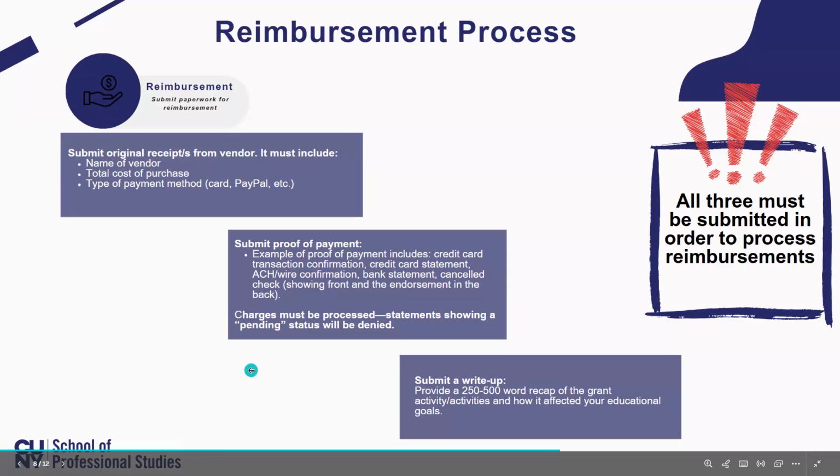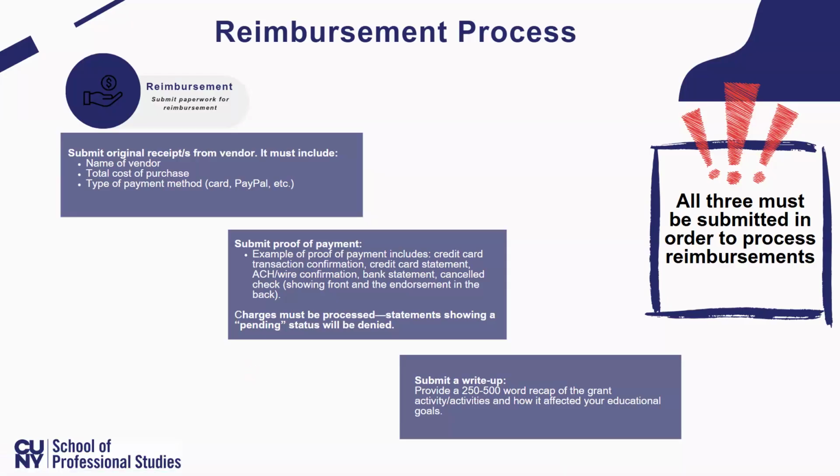So if you provide me with your credit card statement, again, feel free to block everything else out with the exception of the LinkedIn premium charge and the total cost for it. Make sure that it is processed and not in pending status. It cannot be in pending status. So you will submit that as a secondary paperwork. So you have your receipts and now you have proof of payment.